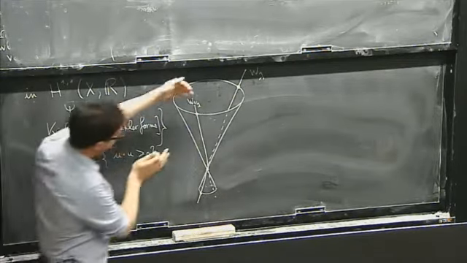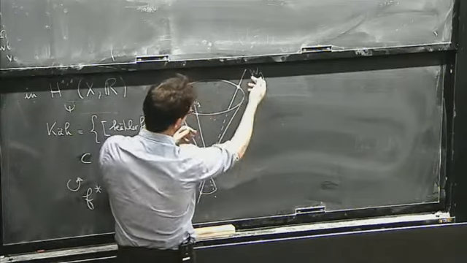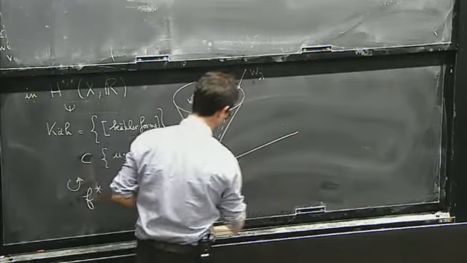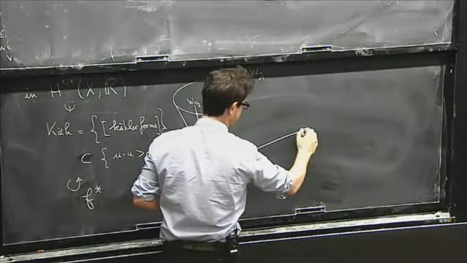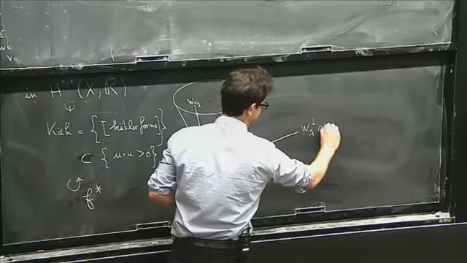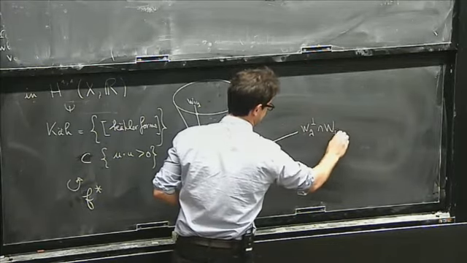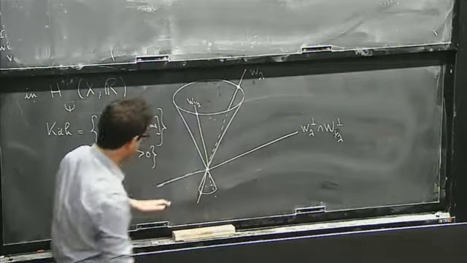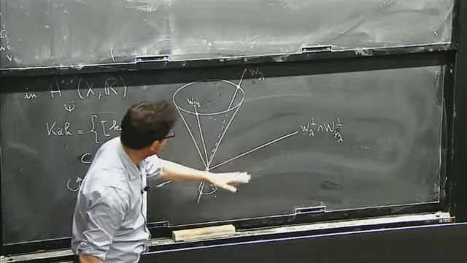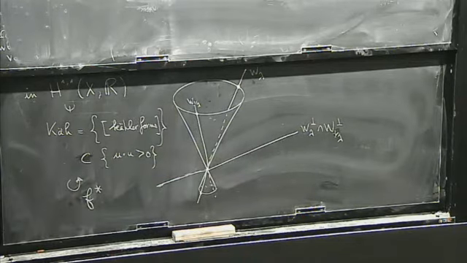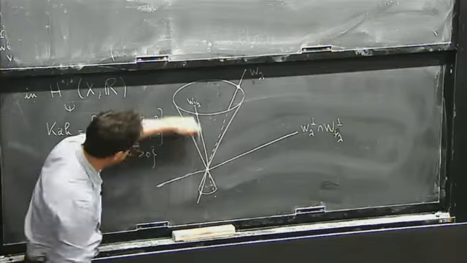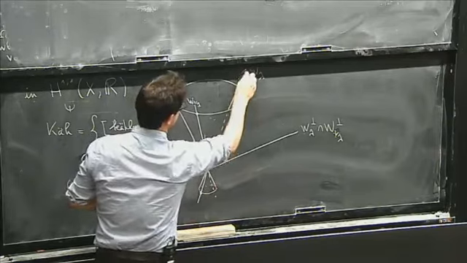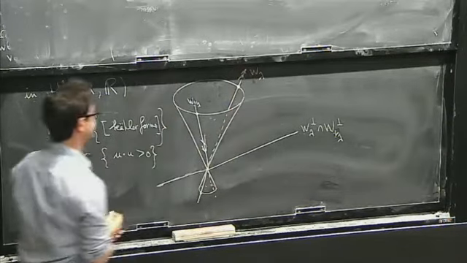And as I explained, if you take the orthogonal complement of these two lines, you get two hyperplanes, and the intersection of these two hyperplanes is a subspace which is contained in the part of H11 where the intersection form is negative definite. Okay, so here the map acts as a rotation, here it acts as a contraction, and here it acts as an expansion. So the multiplier here is lambda.